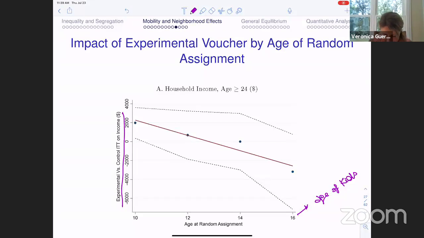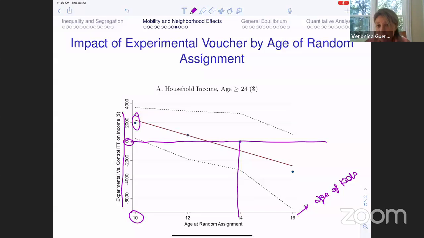And you can see that if the kid is 10, you have a large effect on income. This is the increase in income relative to the average income of kids living in the same neighborhoods. Then, if you look at 14-year-olds, you see a 0 effect.